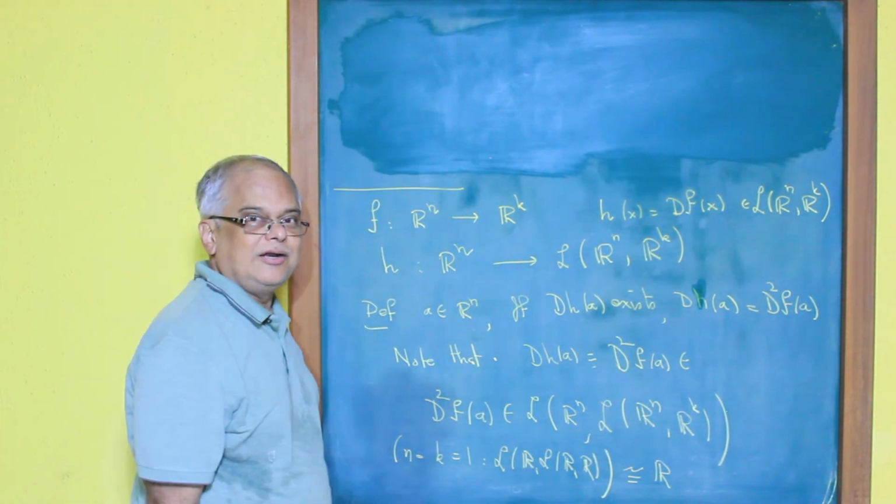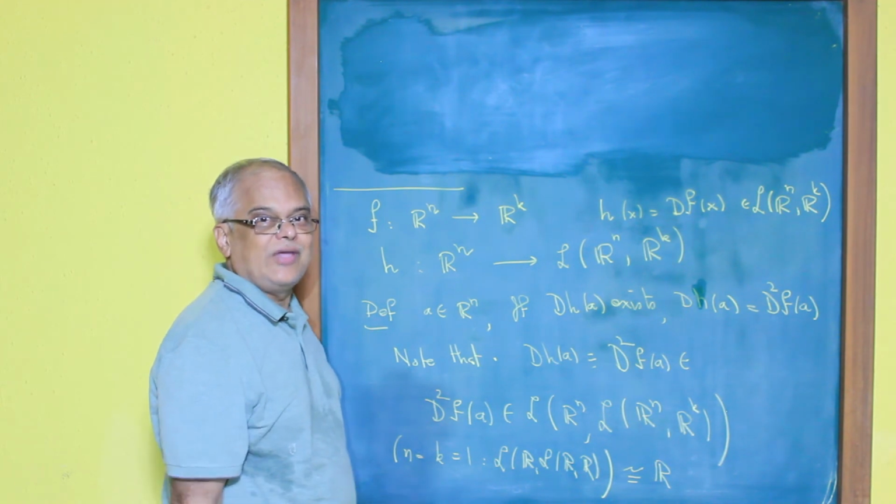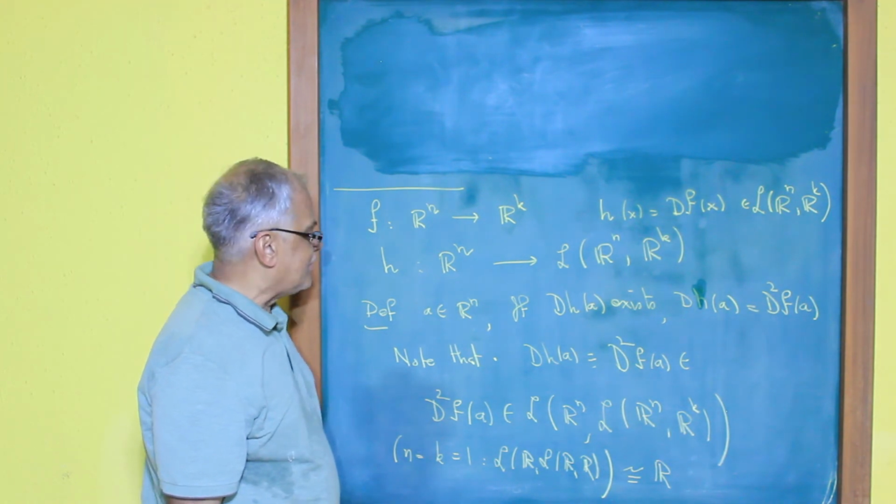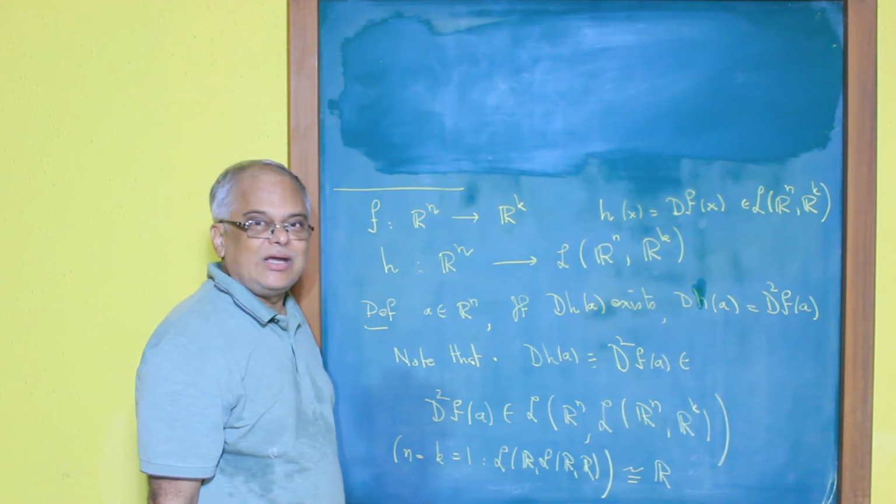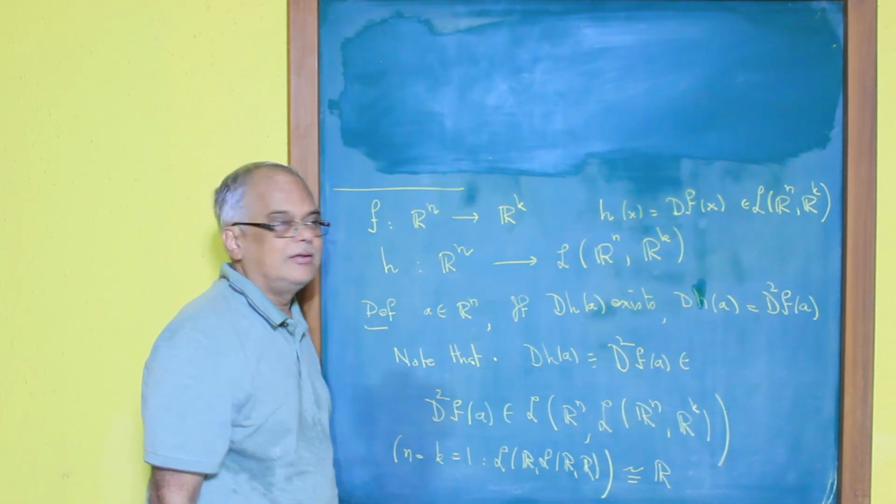The third derivative is the derivative of the second derivative. So if the third derivative exists, where does the third derivative lie?